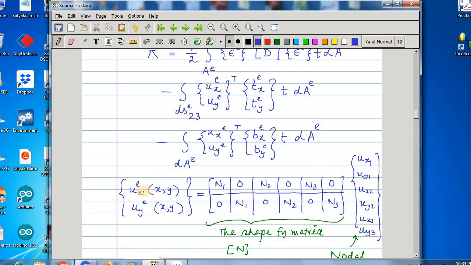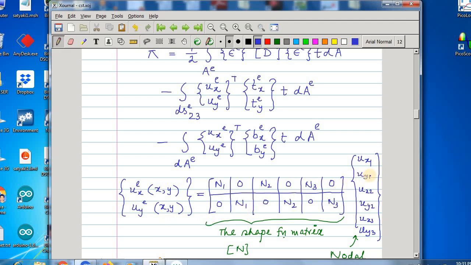That means we are getting this ux from the nodal x displacements by interpolating the nodal x displacements. So N1, N2, N3 are the interpolating functions. What they are doing is interpolating the nodal values to get the value at a given point within the element.